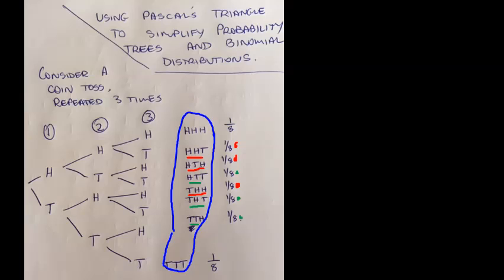Okay, so you can see really in this example, you've really got this one here, which is head, head, head. This one here, tail, tail, tail. And in the middle here, we have 2 other variations. In our case, they're red and they're green. So you've got 4 scenarios that you can get.